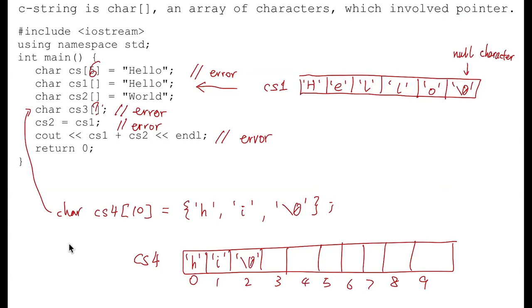If you don't put the null character in, is it going to be an error, or could you still use it? It can still compile, then you just have a character array with two characters in it. It just doesn't know where you end the string. It's not a proper C string. Yeah, so you will have an array of characters. It's just not a C string. Yeah, okay.